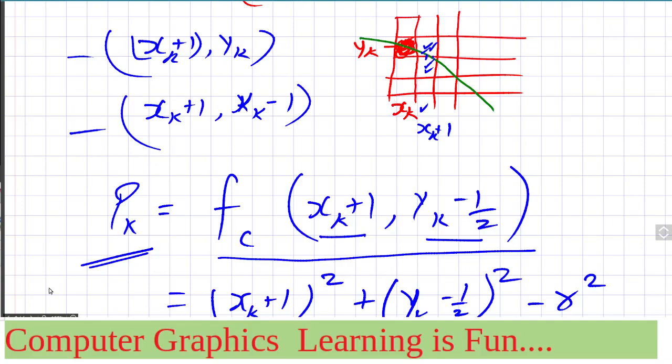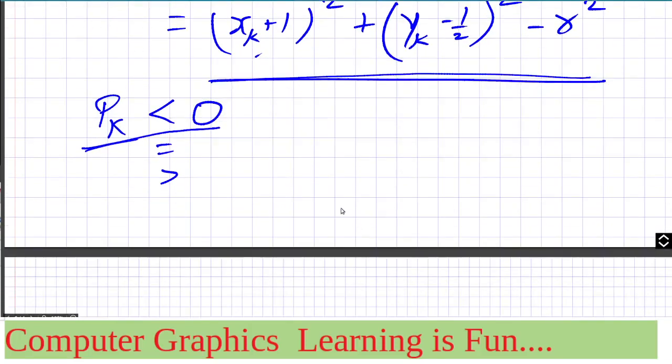Now using this pk, as in Bresenham's we have seen, we use this pk to find pk plus 1 also, right?